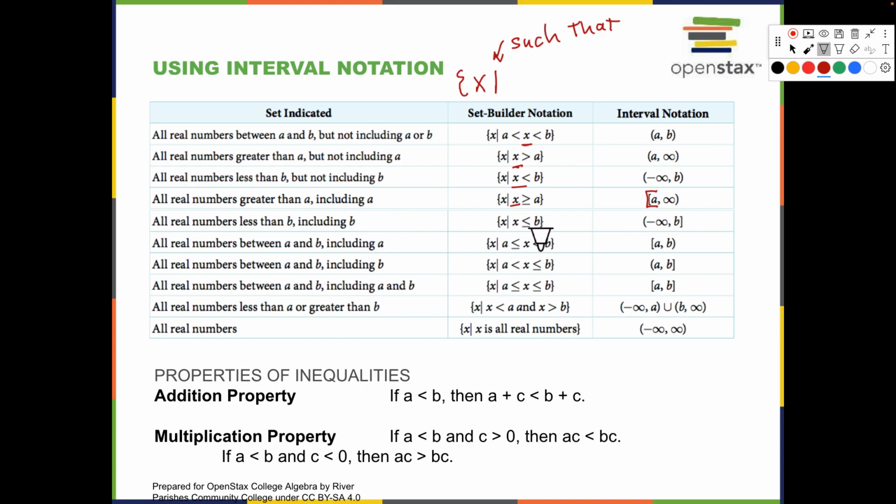And on both of them, if it has the equal to, we get the square bracket saying that B is included. Notice with infinity or negative infinity, we always have a parentheses, because you never really get to infinity. It's sort of a journey you're on that keeps going and going and never ends. So these are just to come back and refer to.